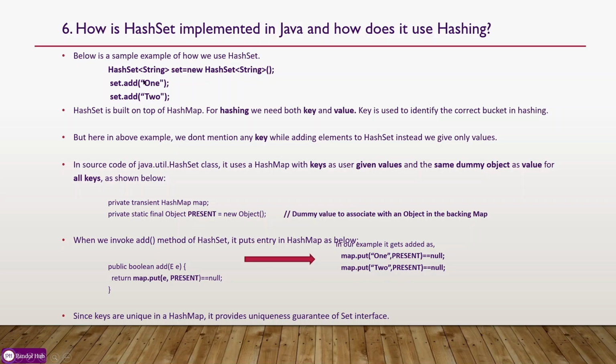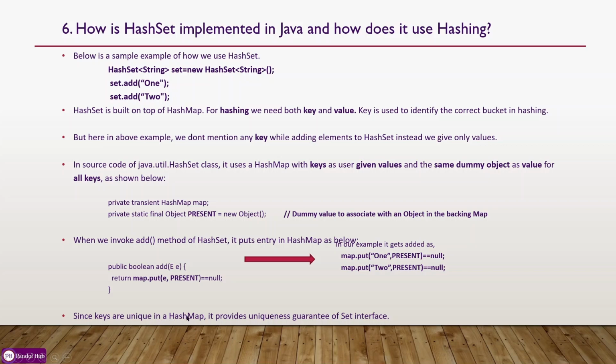So in our example, we are just adding two objects, 1 and 2. Internally it works as map dot put of 1 comma present and map dot put of 2 comma present, according to this code. All the keys are unique, so we have maintained the set structure, where the set has only unique elements and not duplicates, and the values are going to be the same, which is present, a dummy value just to associate with the object in the backing map.